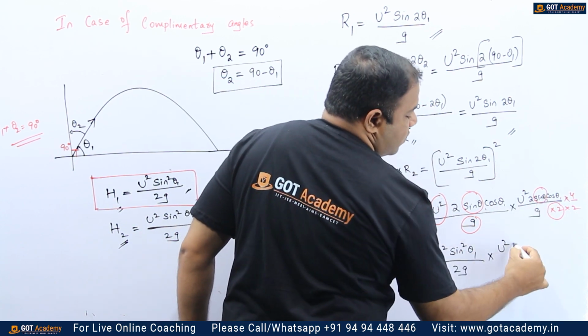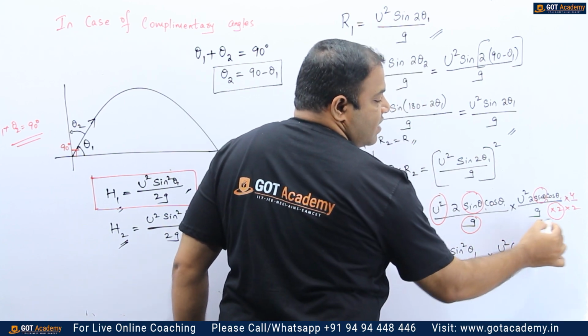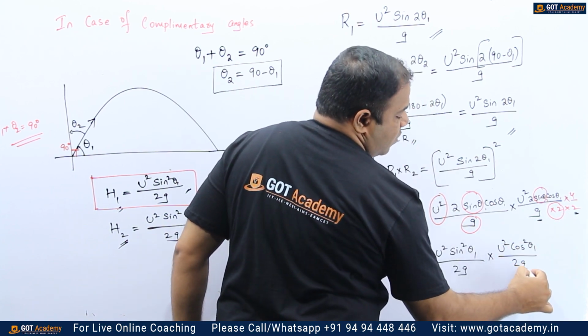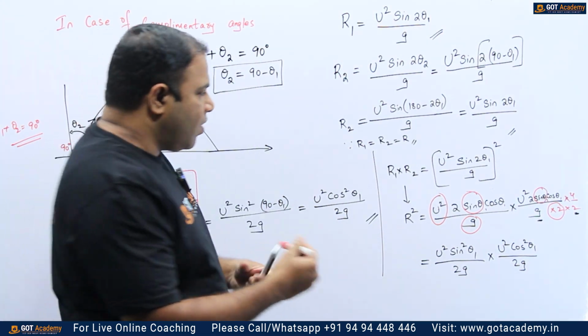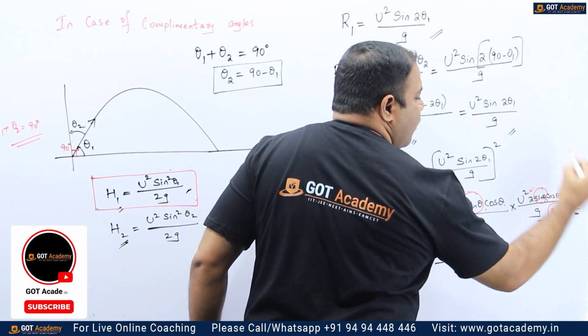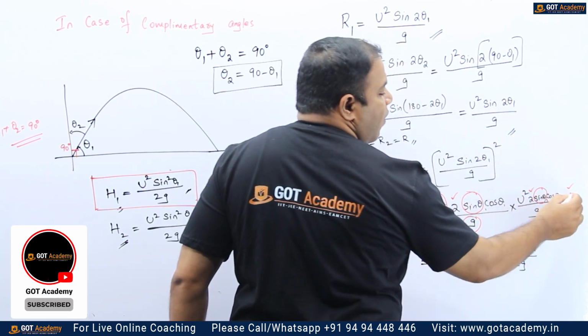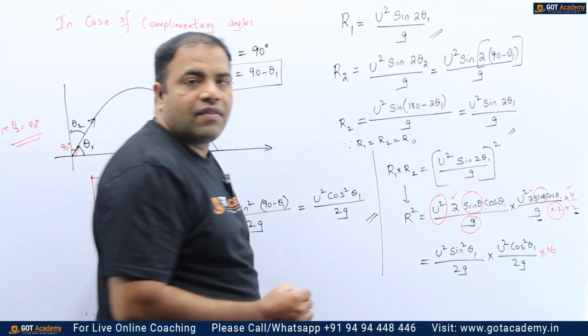Okay, cos into cos. So you will get cos square theta by here g and here 2 is there. So I can write it as 2g. Understood now? So still I am having something more. What is the something more? This 2 value, and here 2 value, and here 4 value. 2 into 2, 4. 4 into 4, that is 16. So multiply by 16. This is the way I am going to get.